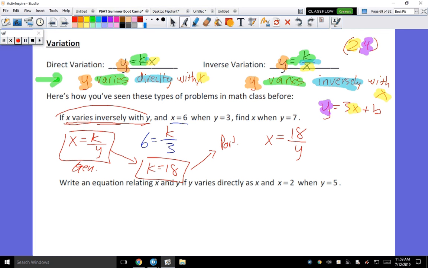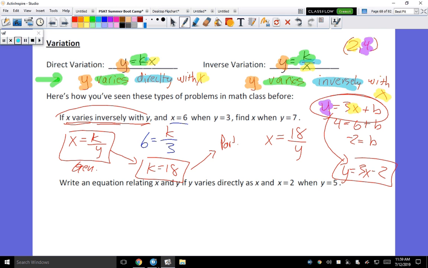So if you did, you would say 6 equals 4 plus b, so that b is -2. So you would write this general form into a more specific particular form. Your goal is to do that. You just did it so that you can find x when y is 7. What's the answer? 18 over 7. Do y'all see the correlation between that and y-intercept form? Just the process of trying to find that.